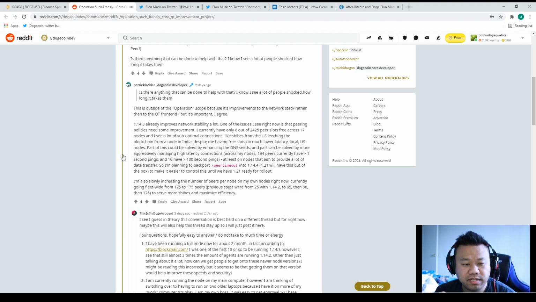I'm also slowly increasing the number of peers per node on my nodes right now, currently going fleet wide from 125 to 175 peers. Previously, steps were from 25 with 1.14.2 to 65, then 90, then 125 to serve more peers and maximize efficiency."